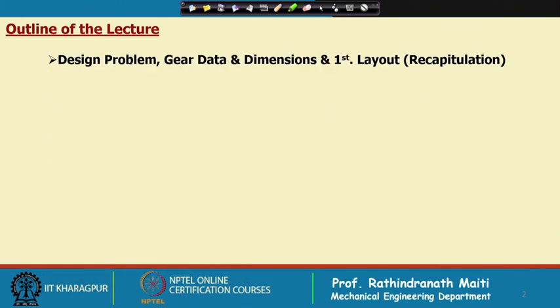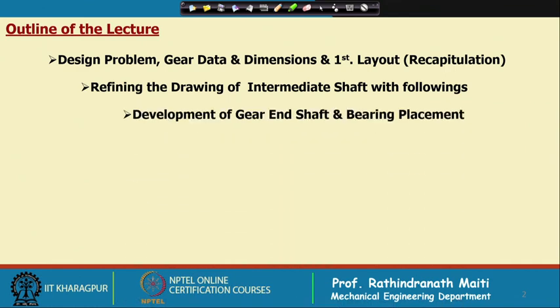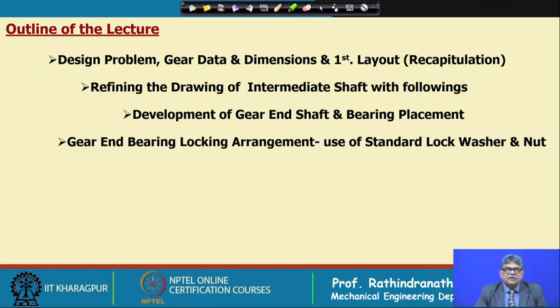In this lecture, first I will discuss the design problem, gear data, dimensions and the first layout that we recapitulate, and then refine the drawing of the intermediate shaft with the following: development of gear end shaft and bearing placement.